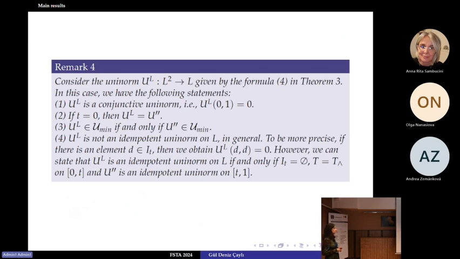In general, it is not an idempotent uninorm because if an element incomparable with T exists, then its value is 0. On the other hand, it is an idempotent uninorm if and only if the set of all elements incomparable with T is the empty set, the infimum T norm, and U double prime is an idempotent uninorm.